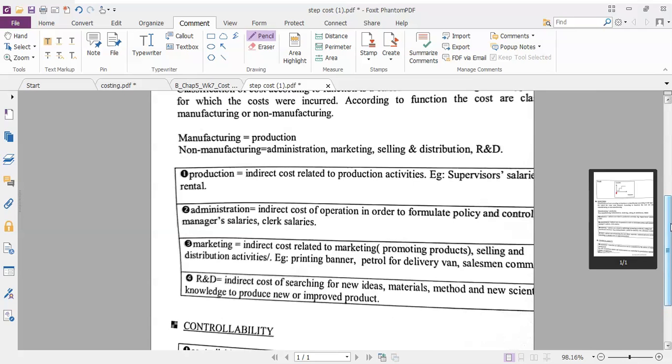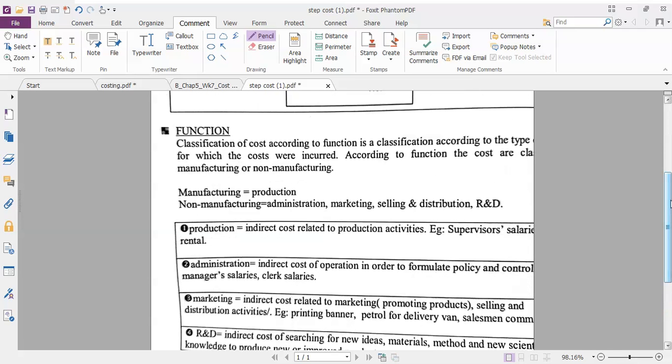Okay, in this slide, based on the function, we classify according to the type of which the cost were incurred. According to the function, the costs are classified whether manufacturing or non-manufacturing.